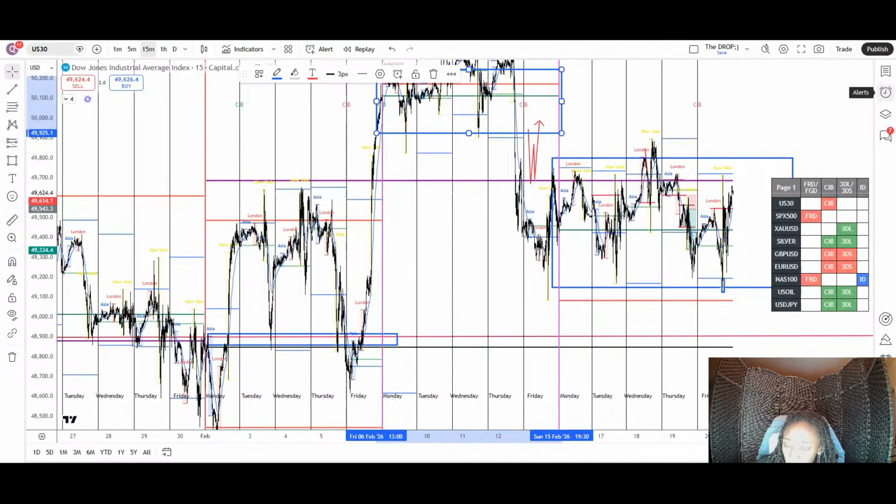Sometimes GU and EU, but I like to trade GU and EU in London, along with oil and Germany 40. So Germany 40, oil, GU and EU are London pairs. Asian session: EJ, GJ, gold, Japanese index. Those are the only pairs that I need for Asian session. And sometimes even gold will just give you what you need.